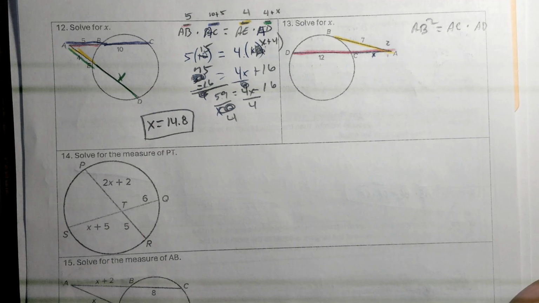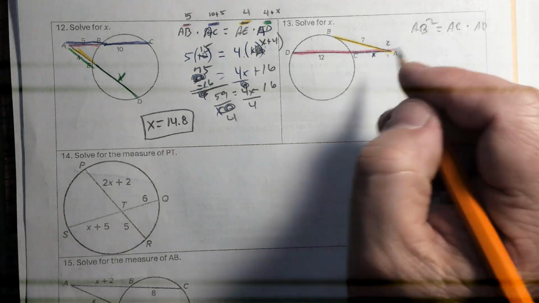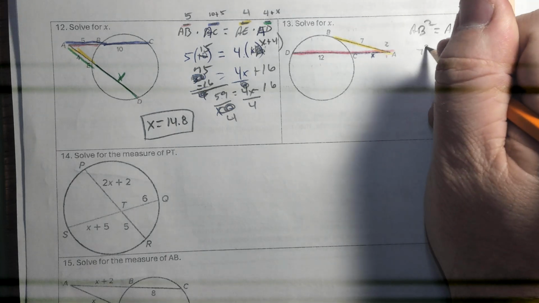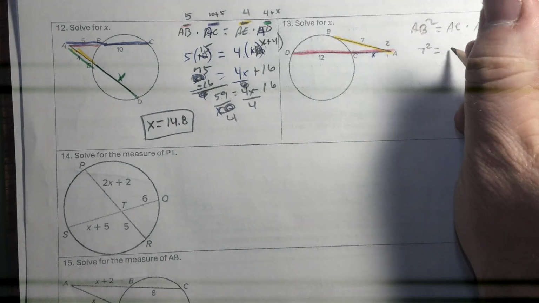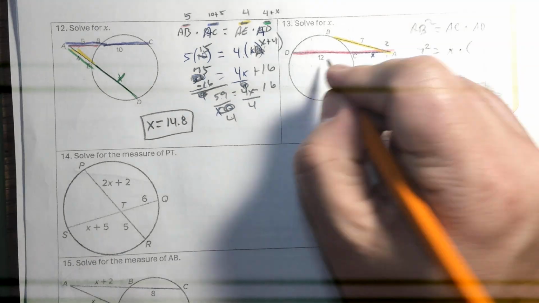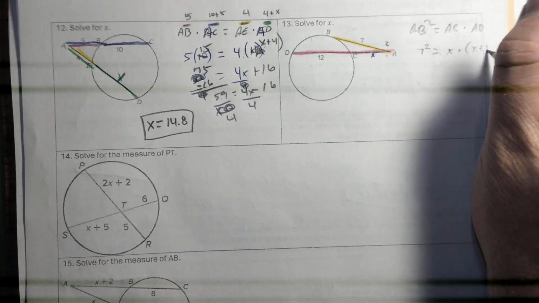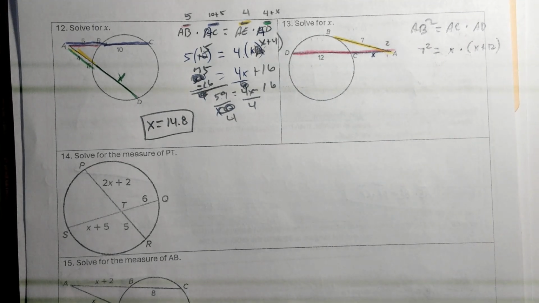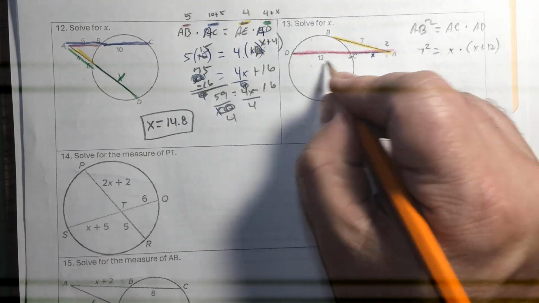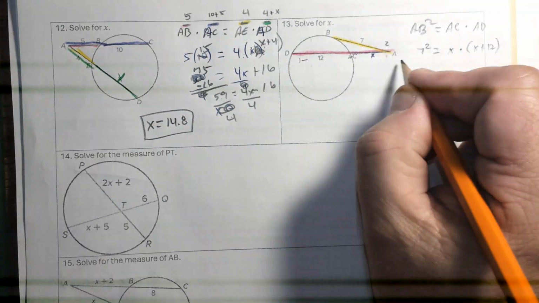Right? So when we go over here, it's 7 squared equals AC x times x plus 12, because this whole line is x plus 12, remember, the whole thing.